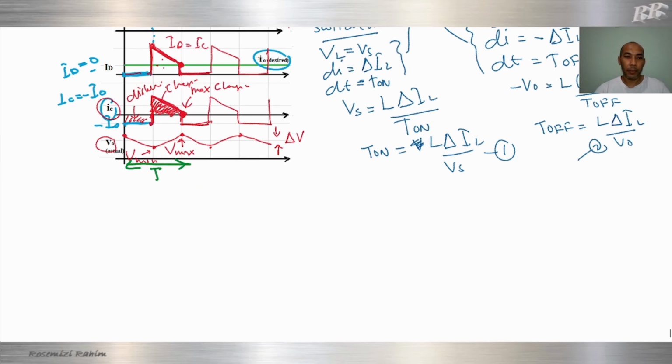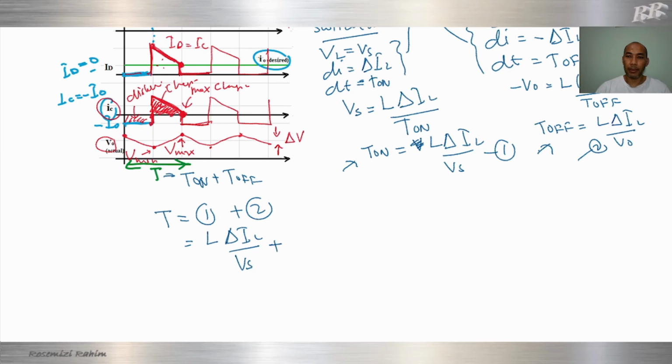Okay. T is equal to T on plus T off, so T equal to equation number 1 plus number 2. Now T is equal to L delta IL over Vs plus L delta IL over V naught.